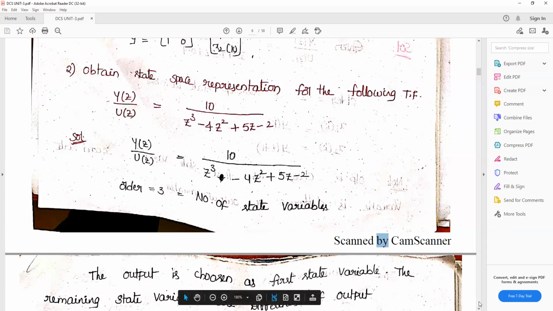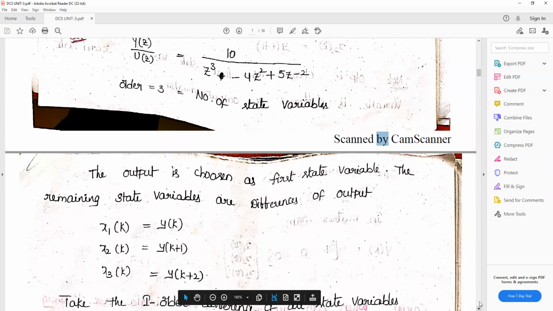The output is chosen as the first state variable: y of k is x1 of k, y of k plus 1 is x2 of k, y of k plus 2 is x3 of k, y of k plus 3 is x4 of k, and y of k plus 4 is x5 of k. These are the output variables and the state variables.